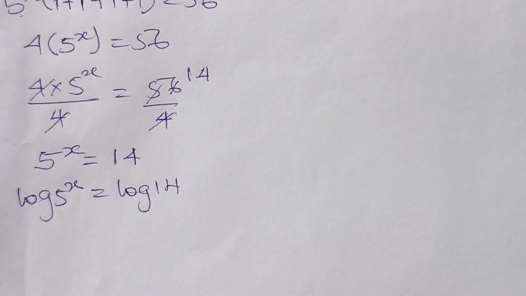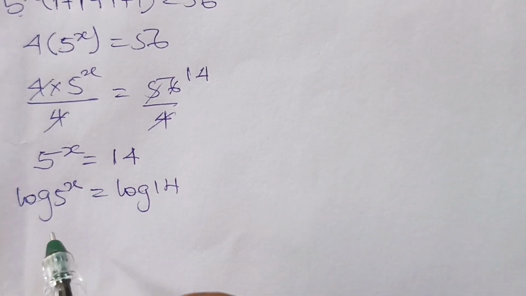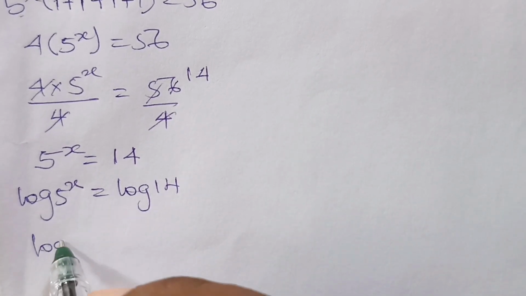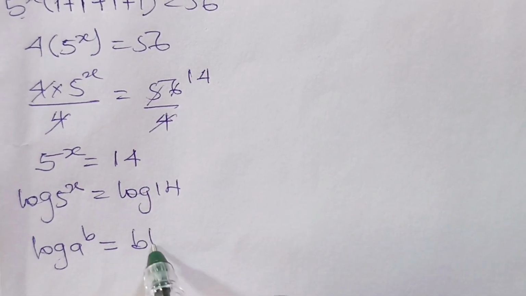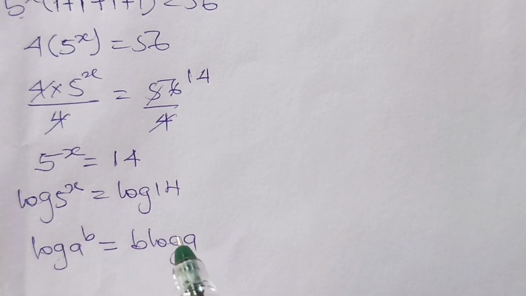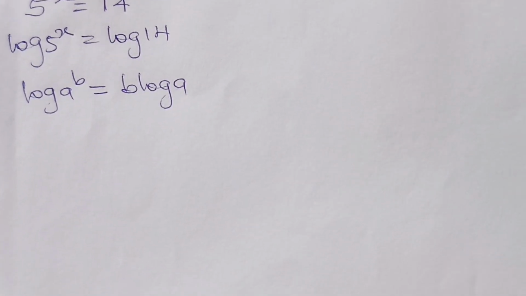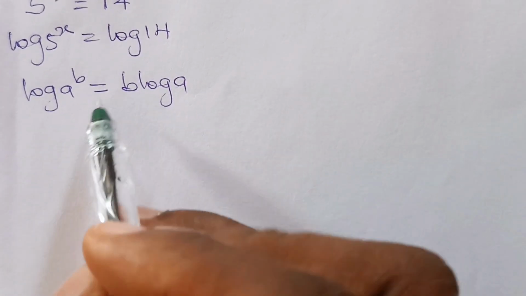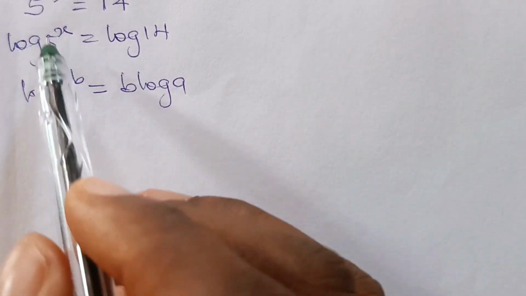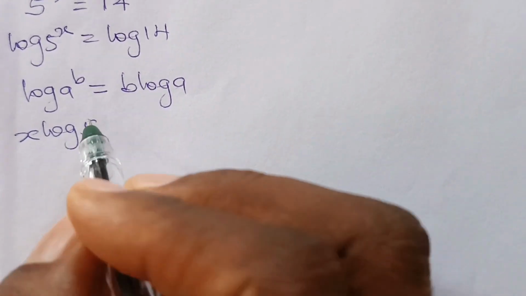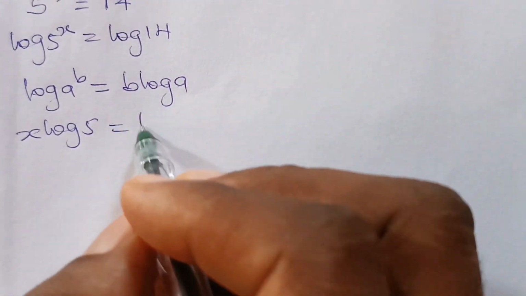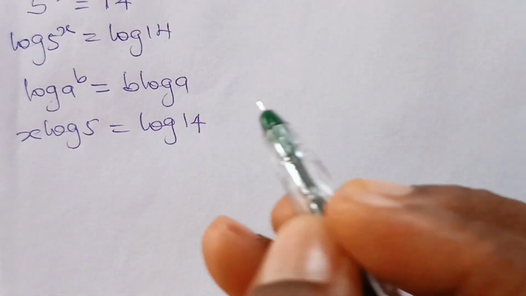Now recall that when you have log a to the power of b, this is equal to b multiplied by log a. So that simply means that we can rewrite this as x multiplied by log 5 is equal to log 14.